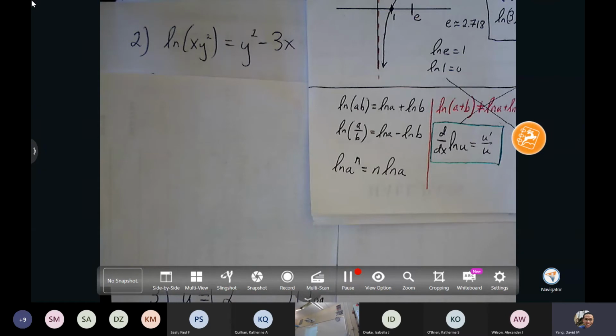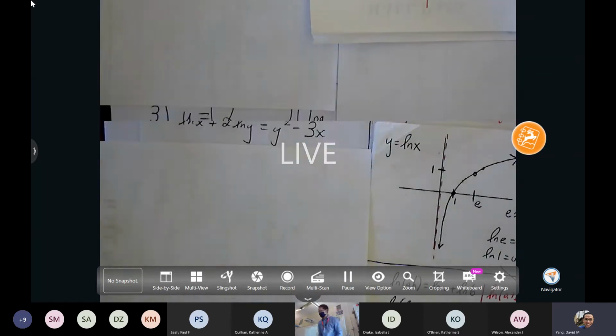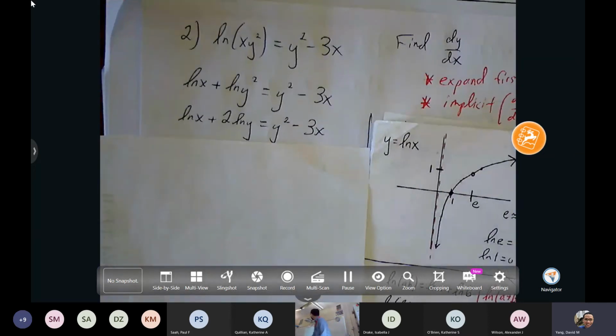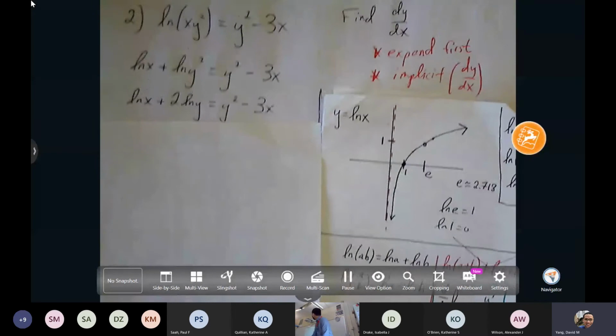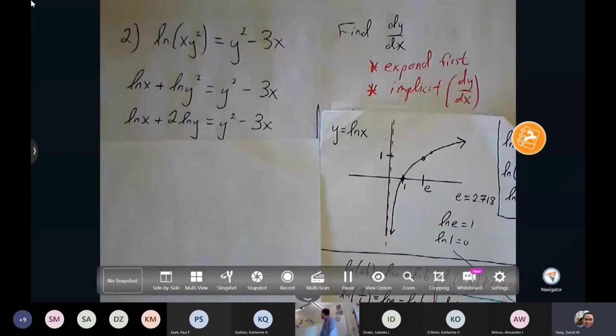Let me show the full expansion step before you start your derivative process. So that is how far we can expand.